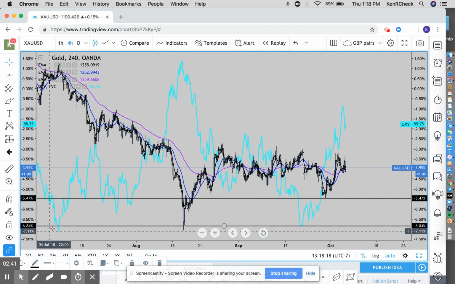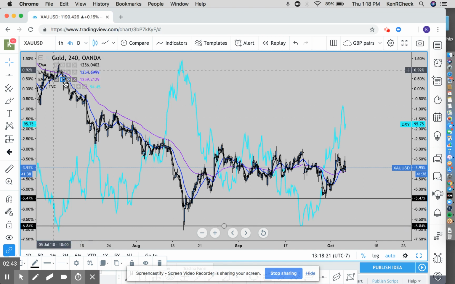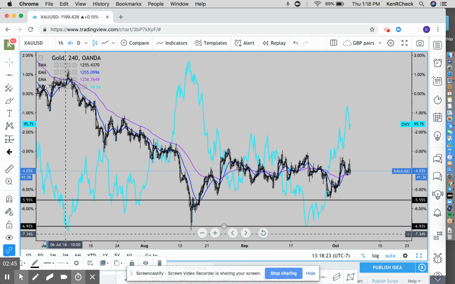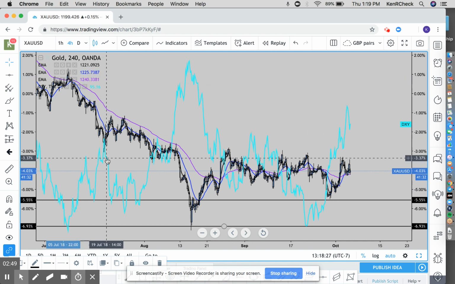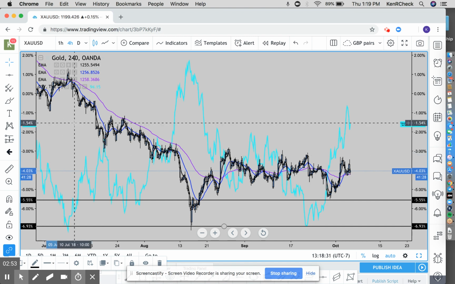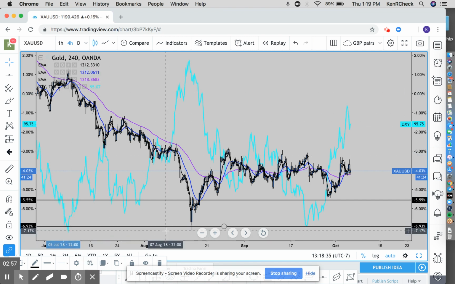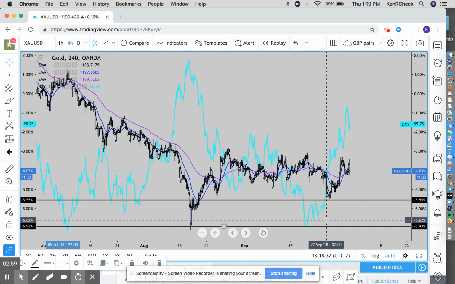It created a nice double top, as you guys can see, and a double bottom up here, and came down because the dollar went up. It was a buy opportunity here, so the dollar came down. I'm seeing that the dollar came into a support area.